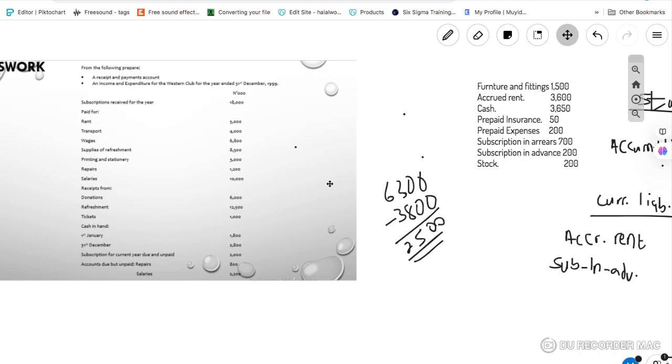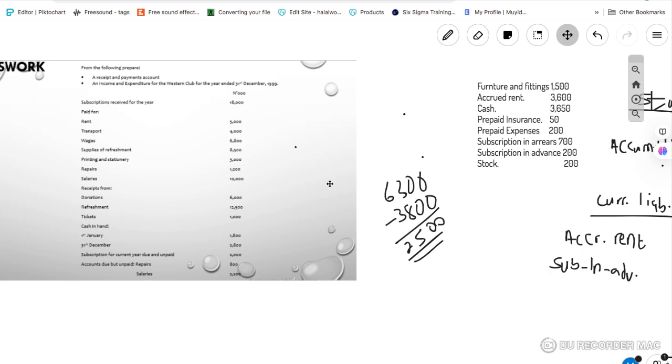Now, one thing that you need to understand is that for a non-profit making organization that was created to improve the welfare of its members, the primary aim is to improve the affairs of the members and not for profit making purpose.